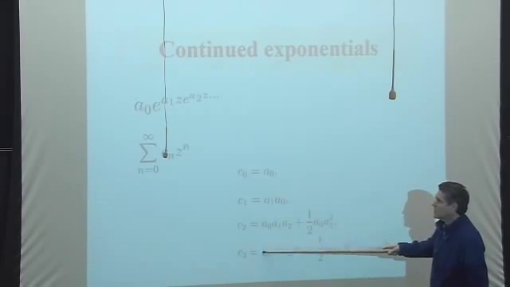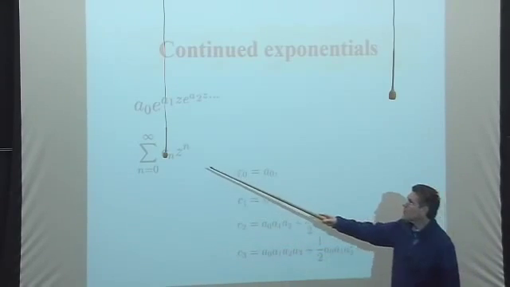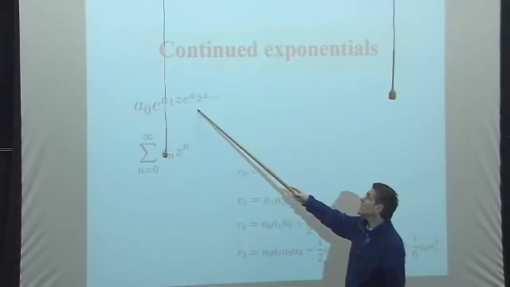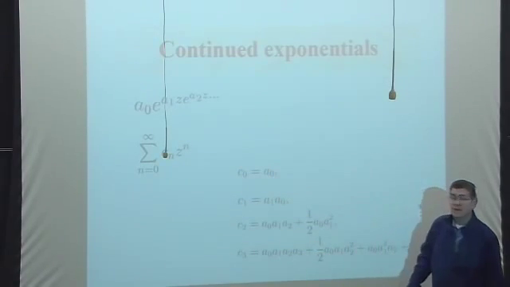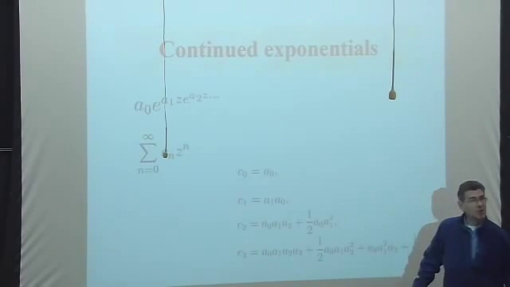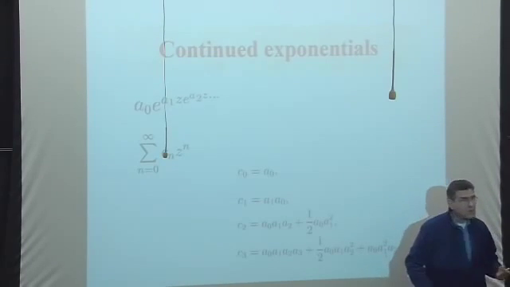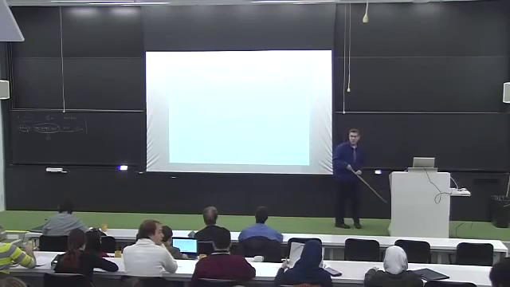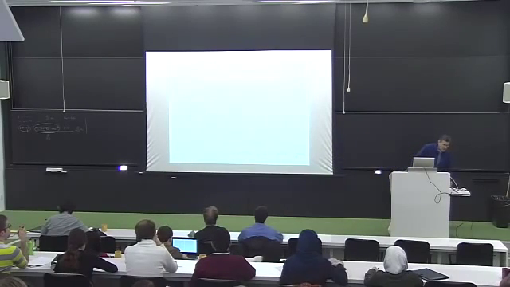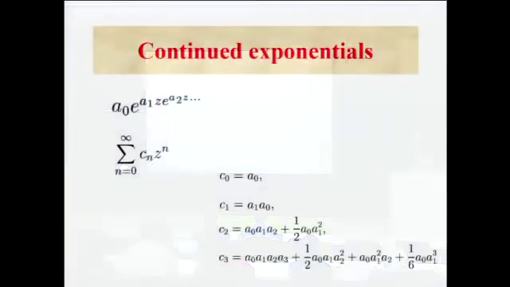And what this formula does is it shows you how to go from the coefficients C sub n in the Taylor series to the coefficients A sub n in a continued exponential. So we converted the problem of evaluating a Taylor series to the problem of evaluating a sequence of approximants. And this is the word that you use in the business.